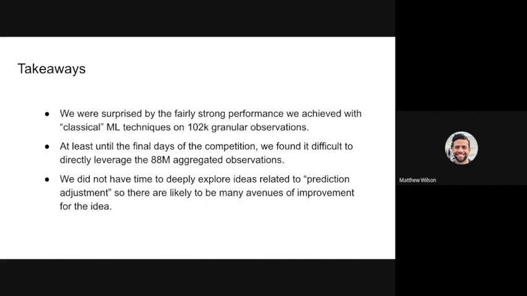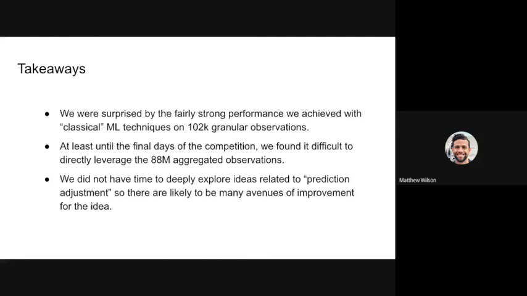So our takeaways from the entire competition are as follows. The first takeaway was that we were surprised we were able to get fairly strong performance with just classical machine learning techniques and 102,000 granular observations. Another takeaway was that it was difficult to use the aggregated data effectively.